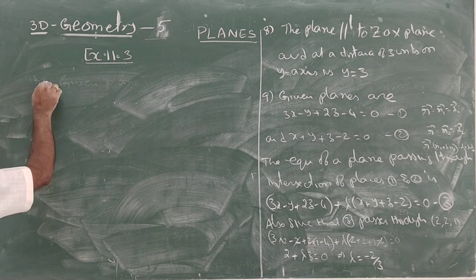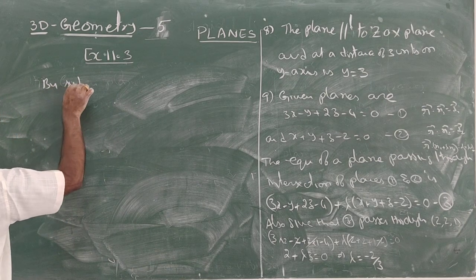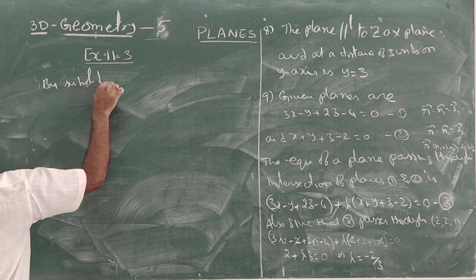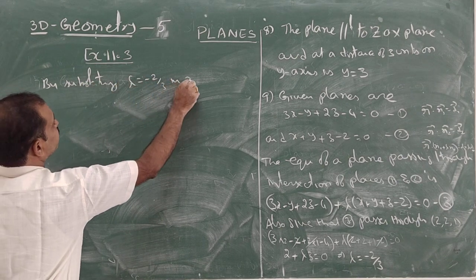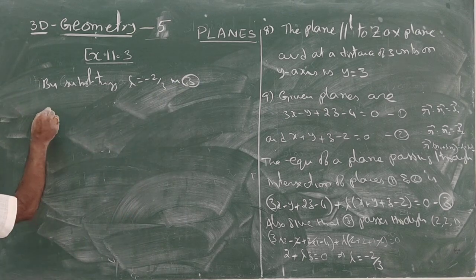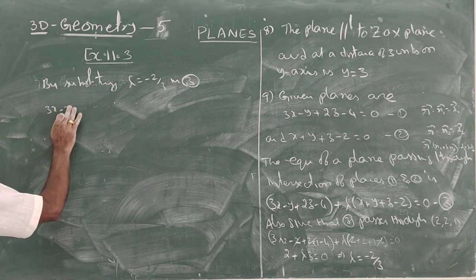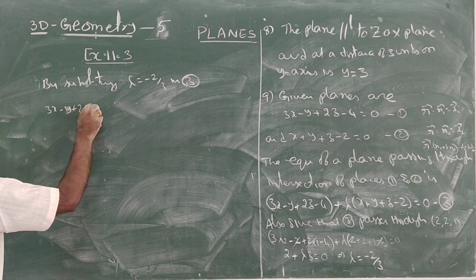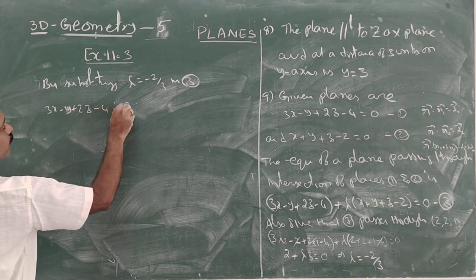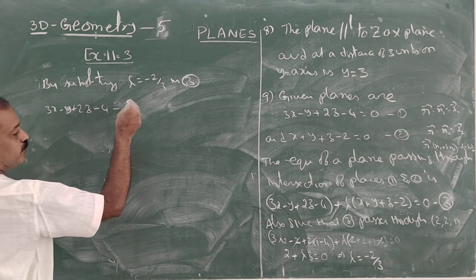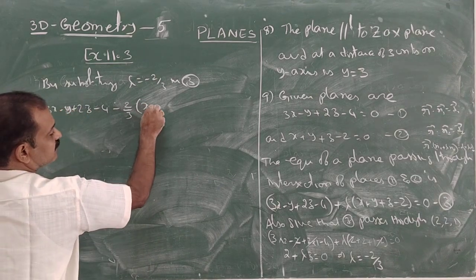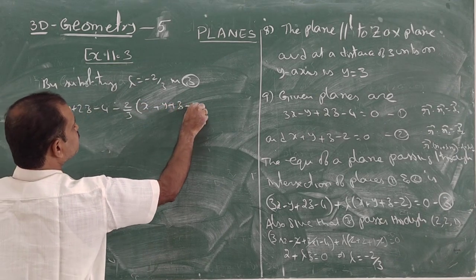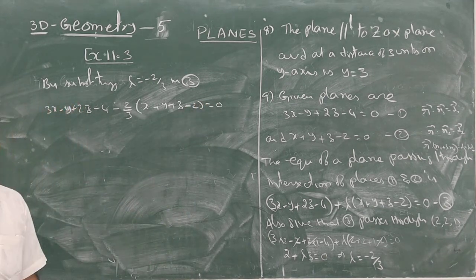By substituting lambda equals minus 2 by 3, we get 3x minus y plus 2z minus 4 minus 2 by 3 into (x plus y plus z minus 2) equals 0.